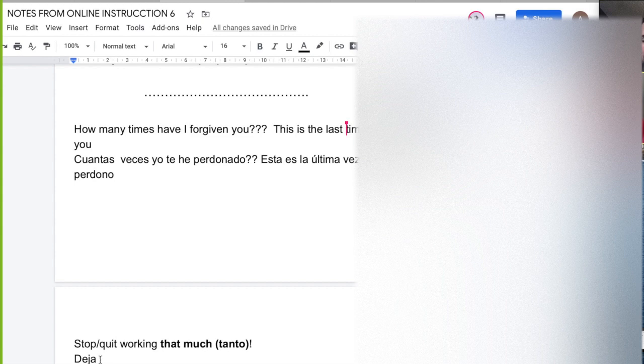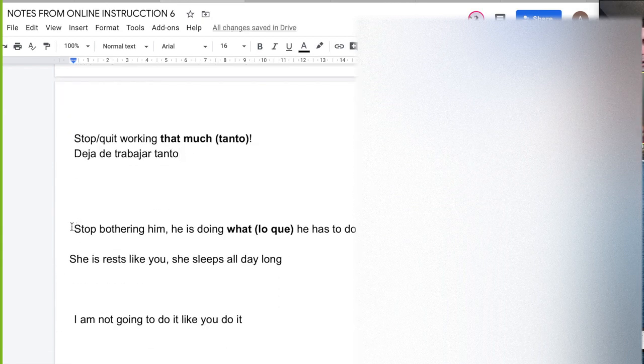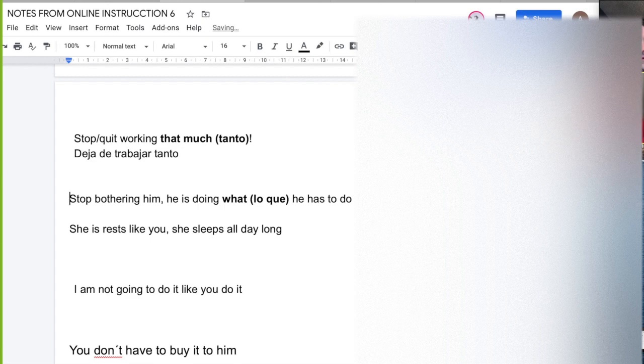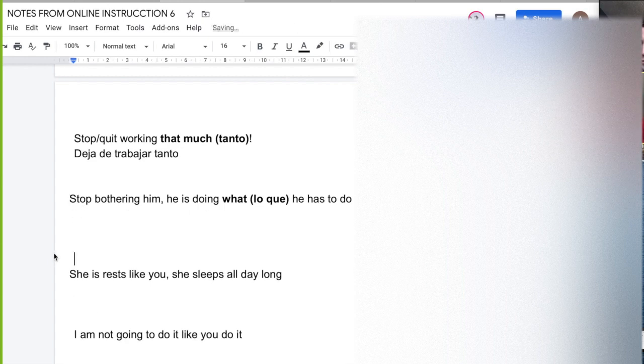Tú puedes ayudarla a tu hermana, Finn. Deja trabajar. Oh, trabajar. Vale, y esto, deja de trabajar. Trabajar tanto. Perfecto, deja de trabajar tanto. Vale, más. Finn, tú primero. Deja de molestarle. Deja de molestarle. Hannah, continúa.